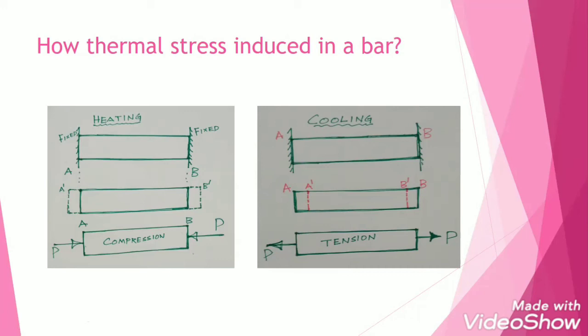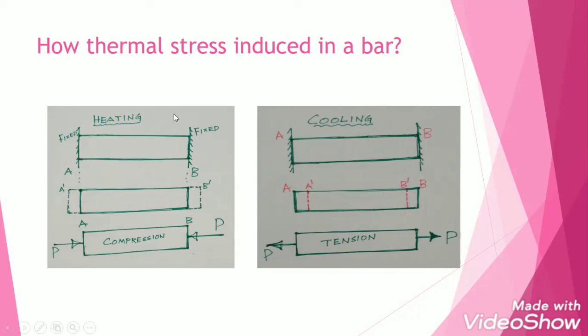As a result, those molecules of the bar will be subjected to a tensile force. That means the tensile force will be applied by the fixed surfaces. They will try to pull so that the contraction will not be possible. As a result, the stress induced in the material because of cooling will be a tensile stress.